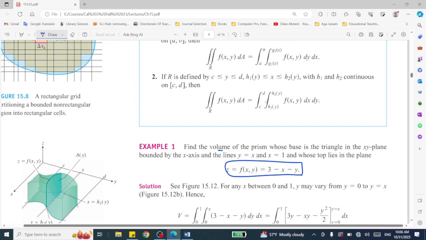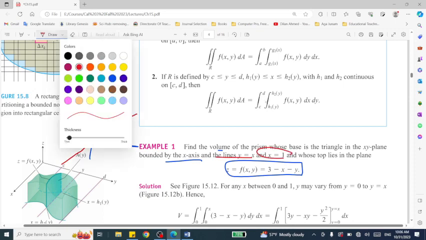In the xy plane, bounded by the x-axis. You need to sketch the boundaries. Otherwise, even if your answer is correct, you will lose some marks, because the boundary is very important. So the x-axis first, the line y equal to x, and x equal to 1.